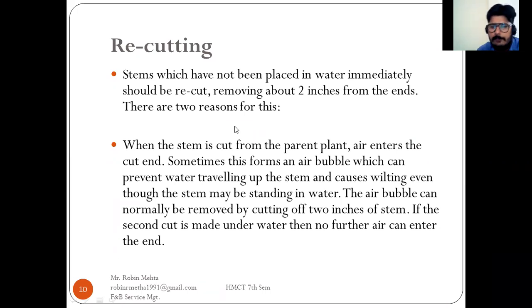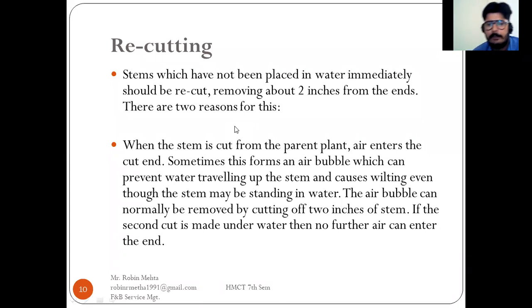Whenever we are cutting the plant from the parent plant, air may enter, which creates a bubble and prevents the water from traveling into the stem.